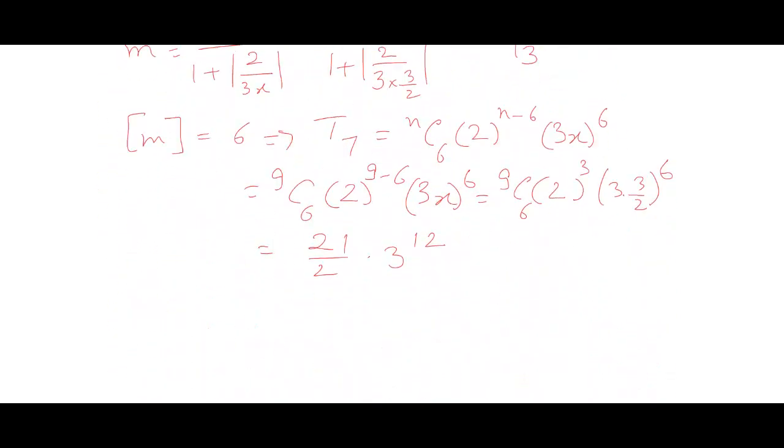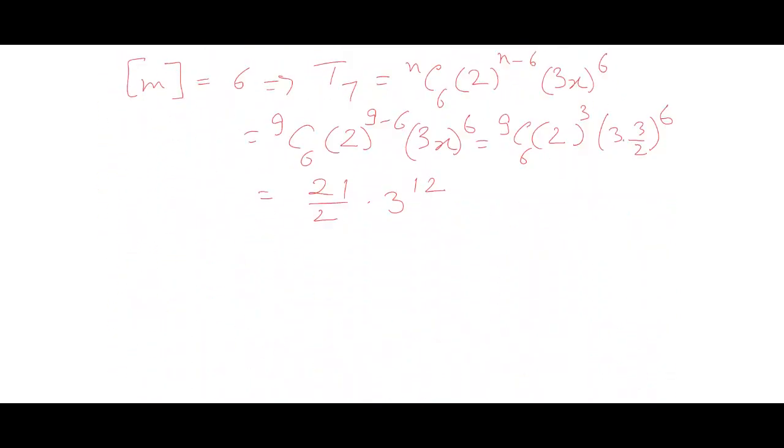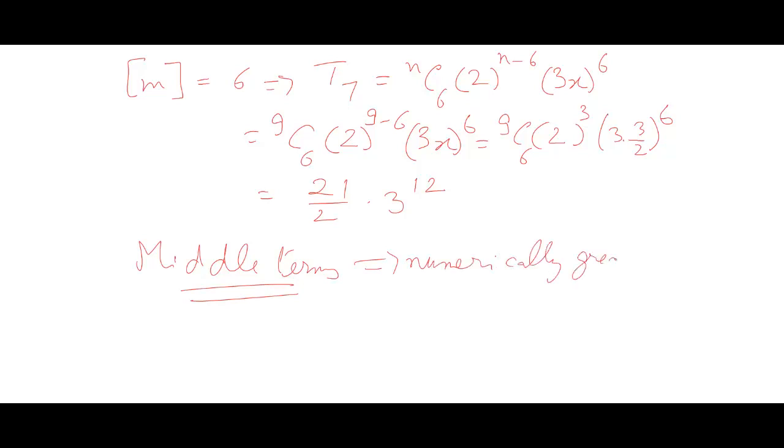So this is how we find the numerically greatest term. In order to find the numerically greatest coefficient, we just have to find the middle terms. The middle terms of a binomial expansion will give us the numerically greatest coefficient. In case the power is even, there will be only one numerically greatest coefficient.